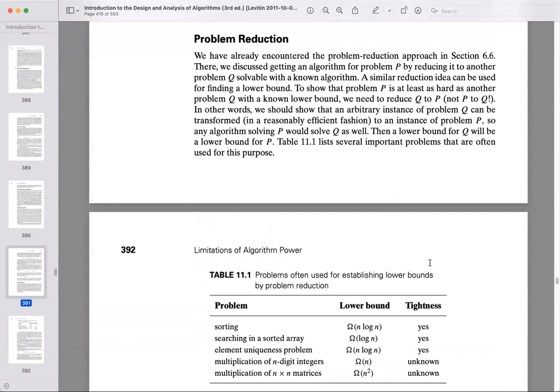Okay, then you've got here the problem reduction. Okay, we talked about this before. So if we have an algorithm for problem P, if we can get that by reducing it to problem Q, which we can solve, okay, we can do a lower bound in a similar way. So if we can show that a problem P is at least as hard as another problem Q, we have to reduce Q to P, okay? And if you can do that, then you can show that, okay?